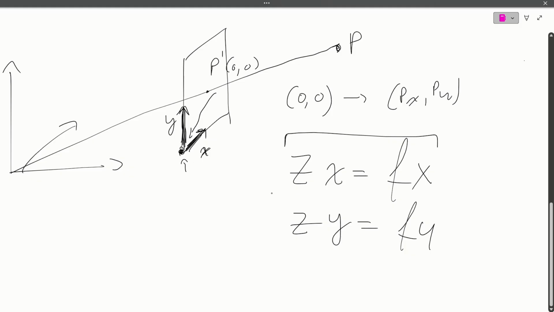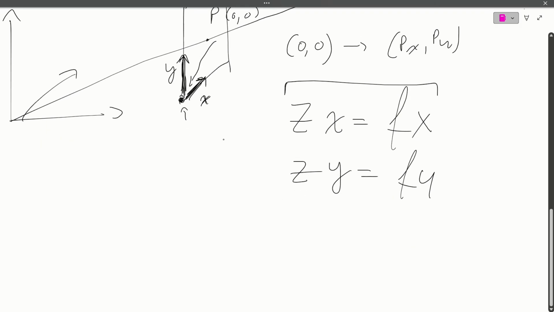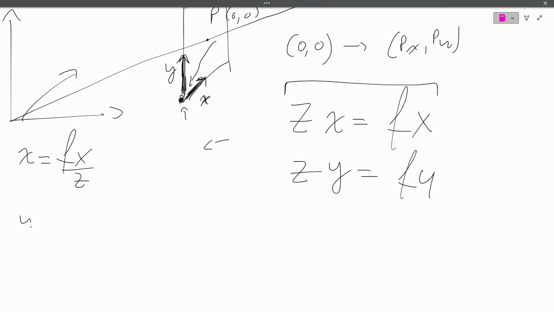Let's come back to the other notation without z. So x is equal to fx divided by z, and y is equal to fy divided by z.